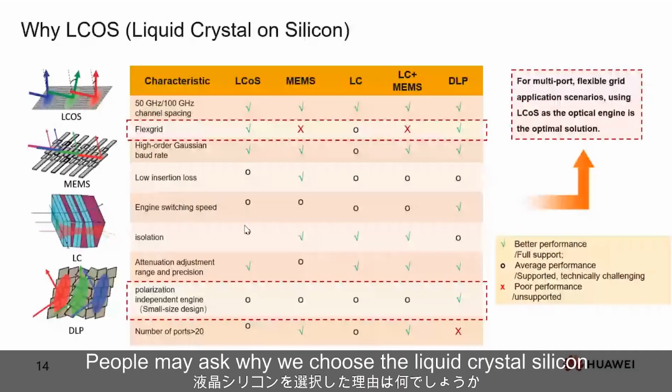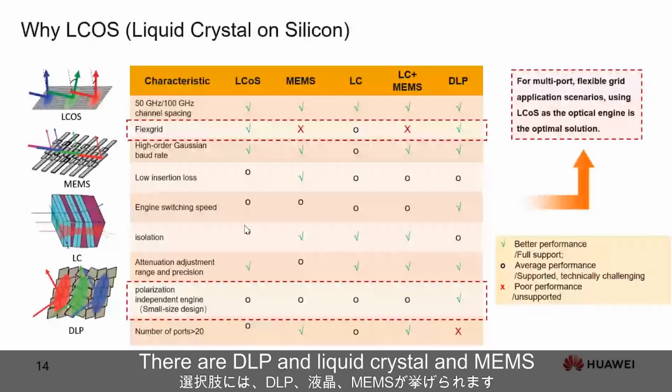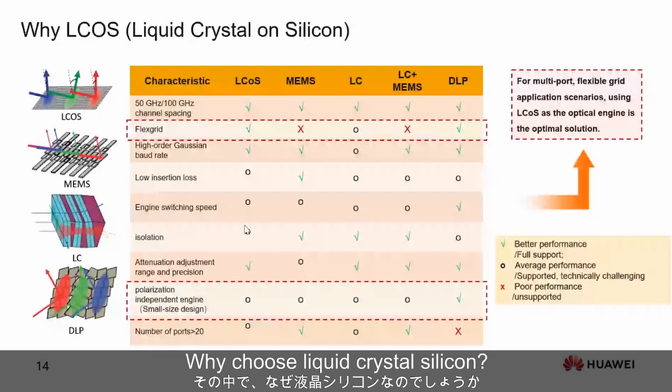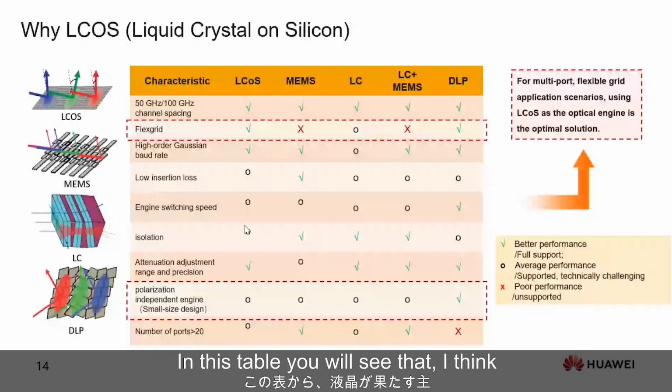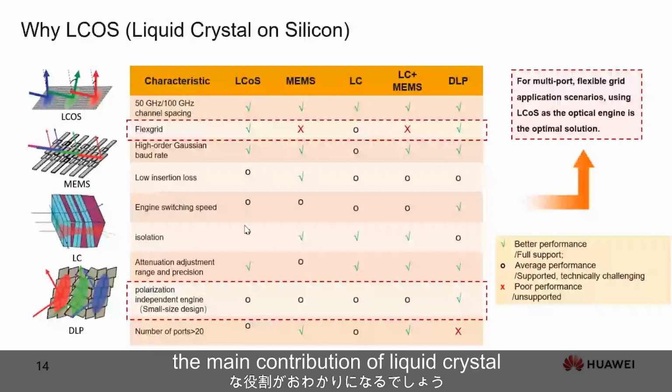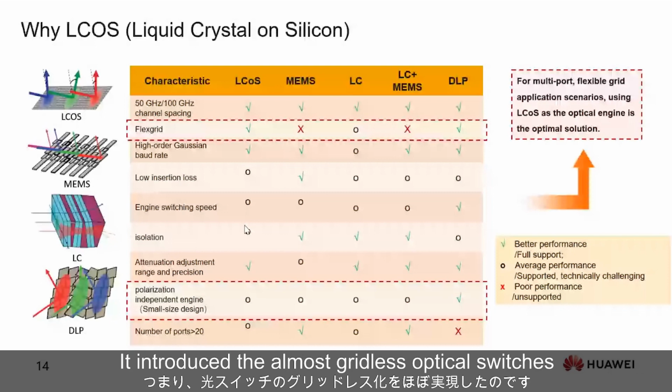People may ask why we chose liquid crystal on silicon. There are DLP, liquid crystal, and MEMS. Why do I choose liquid crystal on silicon? In this table you will see that I think the main contribution of liquid crystal is that it introduces almost gridless properties to the optical switches.